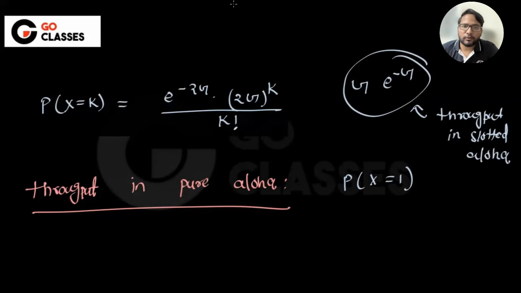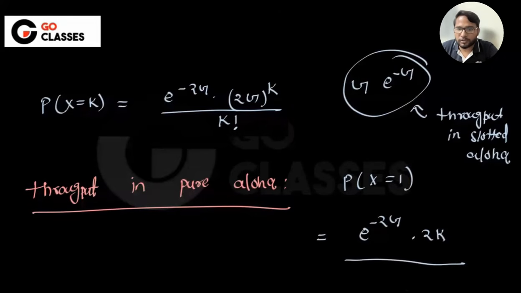Now, let's see what the throughput could be in pure Aloha. If you put this k as 1, this is the throughput, into 2G. This is the throughput in pure Aloha.